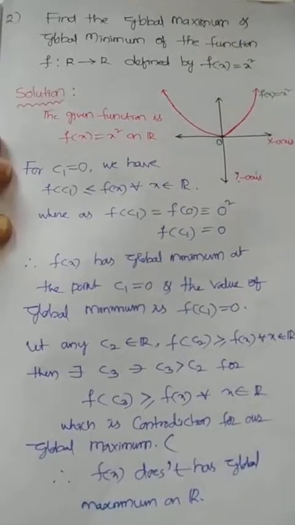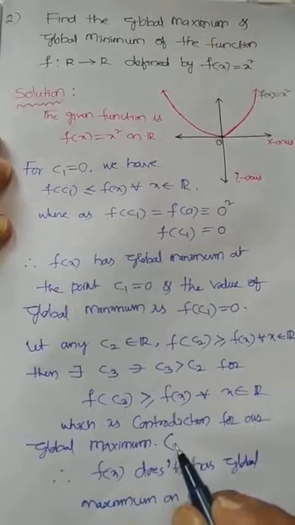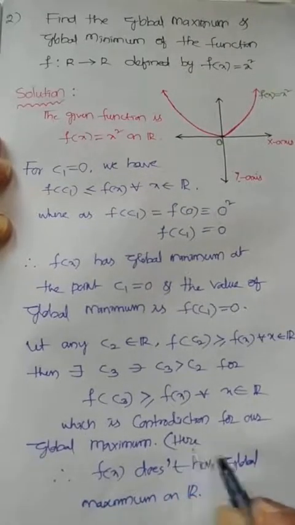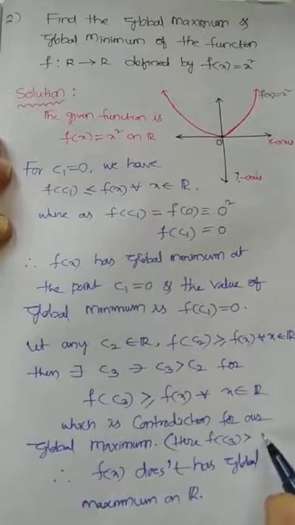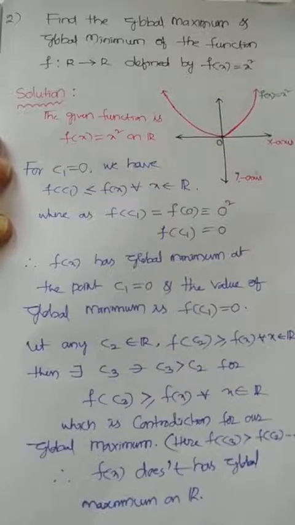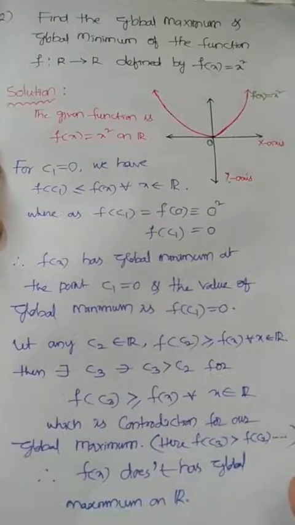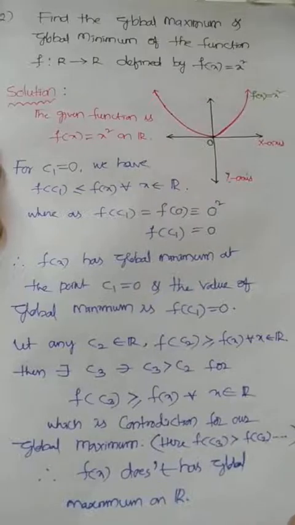By what condition did we make this conclusion? f of c3 is greater than f of c2, and so on. By this relation we conclude that the given function has no global maximum.